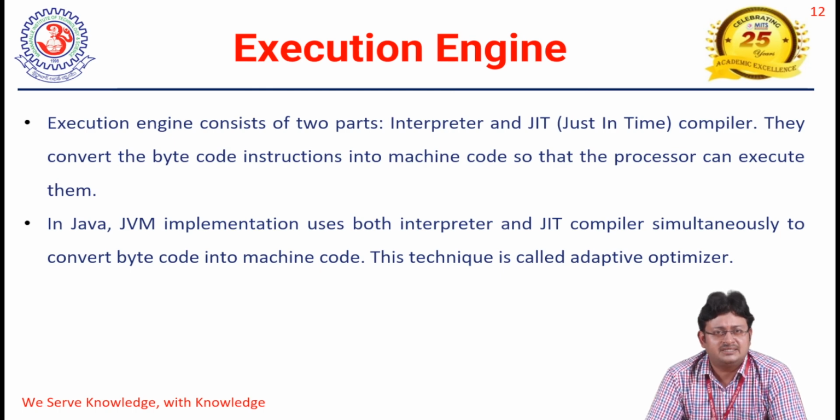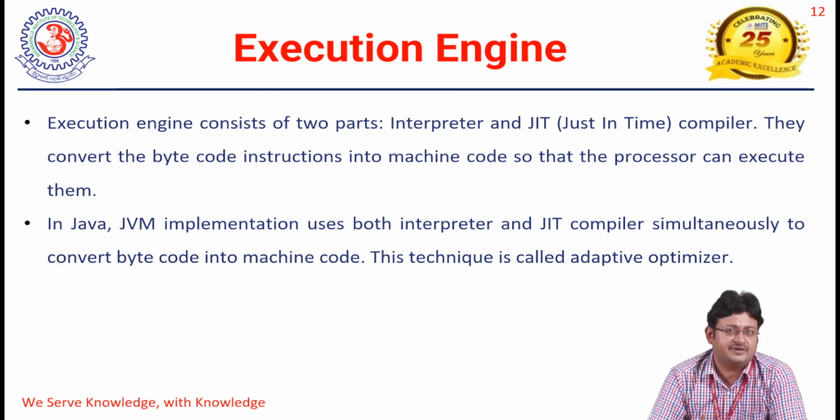So in Java, the JVM implementation is a very important point. You have to remember that the JVM uses both the interpreter and the just-in-time compiler simultaneously to convert the bytecode into machine code. This process happens until your .class file has completely executed all the instructions.